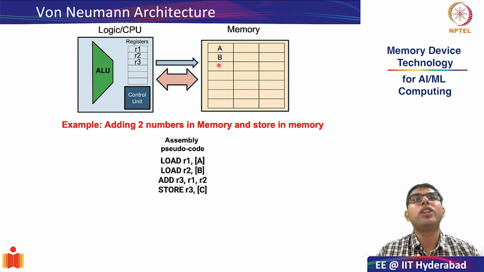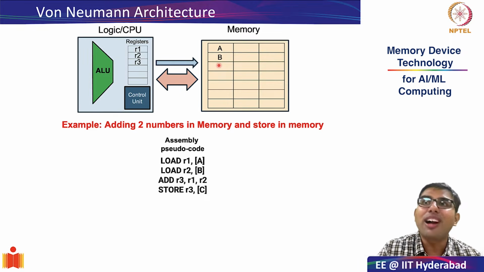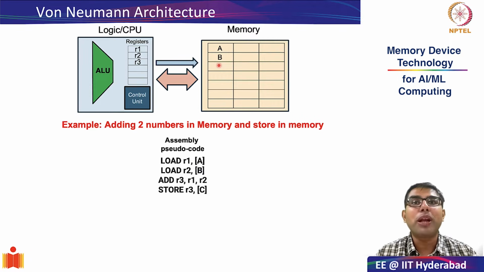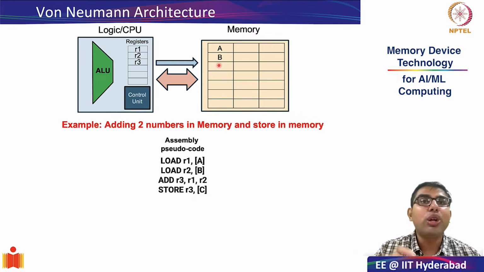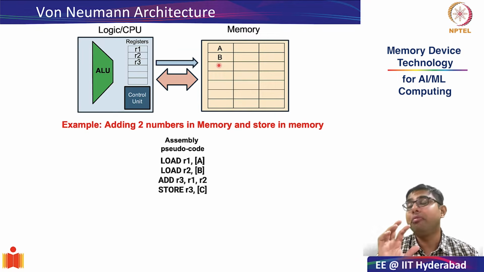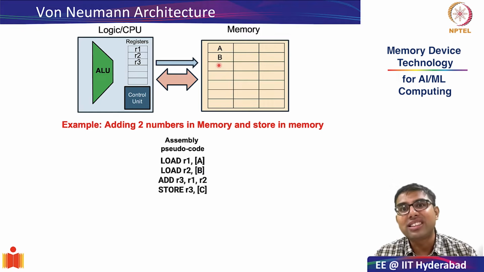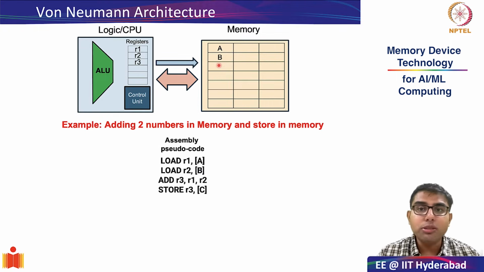Most of you are familiar with high-level coding, such as C, C++, or Python. What happens in the actual Von-Neumann architectural hardware when you write in C or C++ just one line of code adding two numbers? How does it get transformed and operationalized in the Von-Neumann architecture is what we will try to understand in this slide, and this will give us very key insights about the strengths and also bottlenecks in the Von-Neumann architecture. So let us begin.